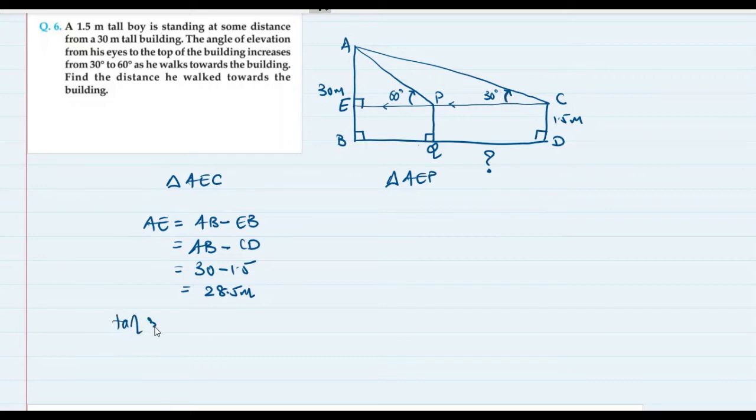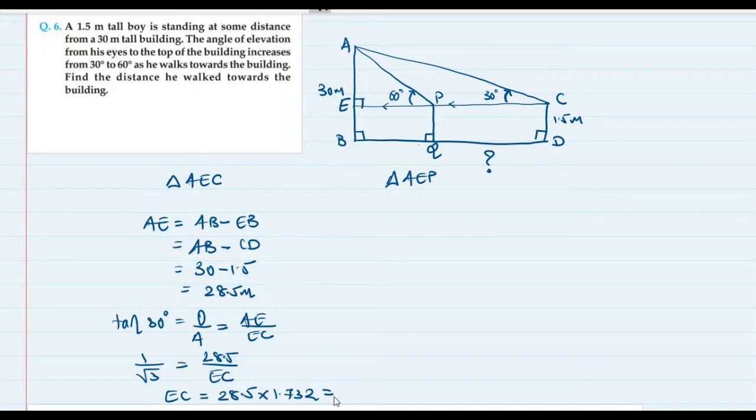So tan of 30 degrees is equal to opposite upon adjacent, which is AE by EC, and tan of 30 is 1 by root 3, which is equal to AE, which is 28.5, upon EC, which is unknown. So EC is equal to 28.5 multiplied by root 3, which is 1.732.